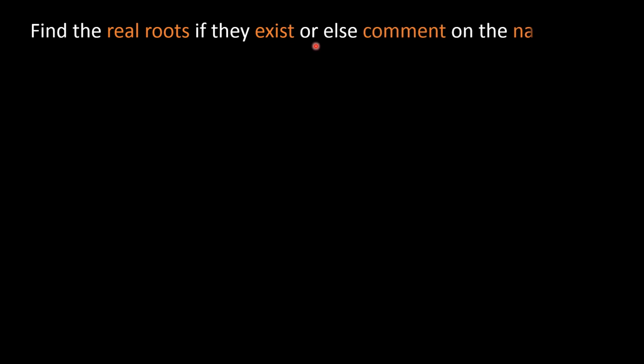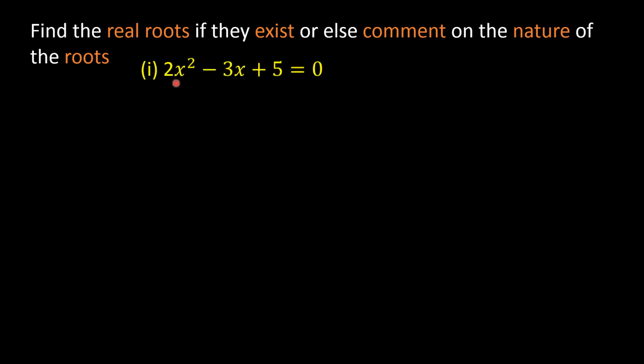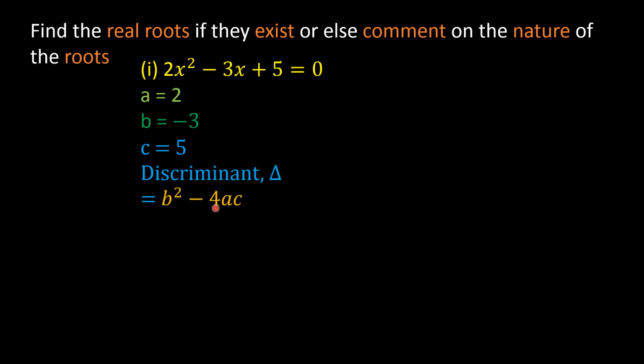Next example, find the real roots if they exist, or else comment on the nature of the roots. Number 1, 2x squared minus 3x plus 5 equals 0. We have a equals 2, b equals minus 3, and c equals 5. Discriminant delta will be b squared minus 4ac.